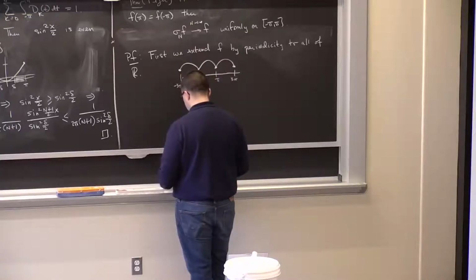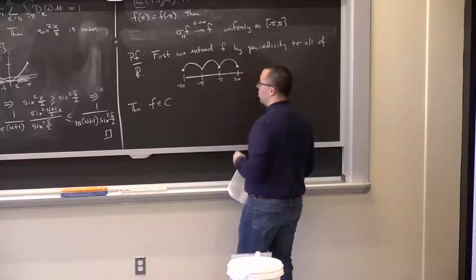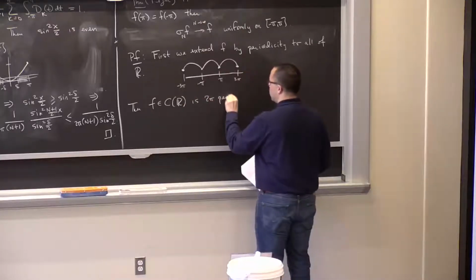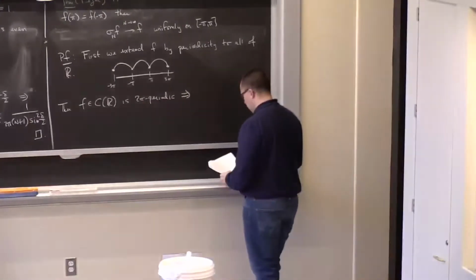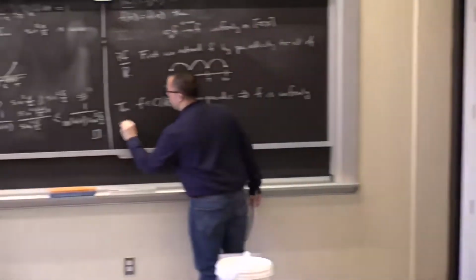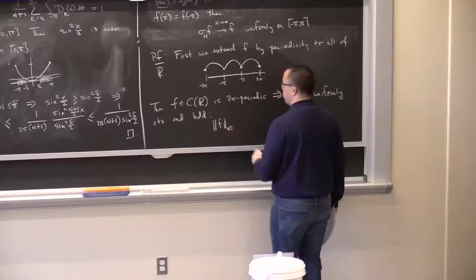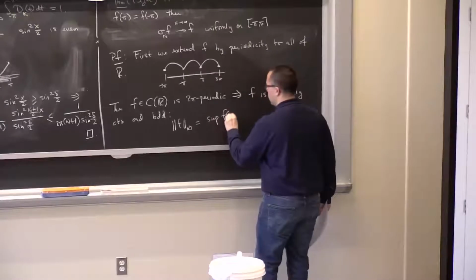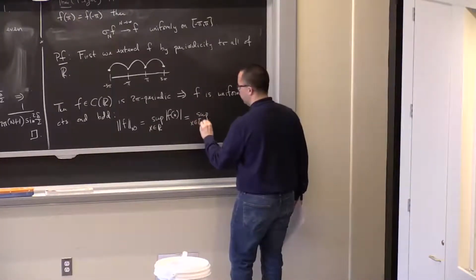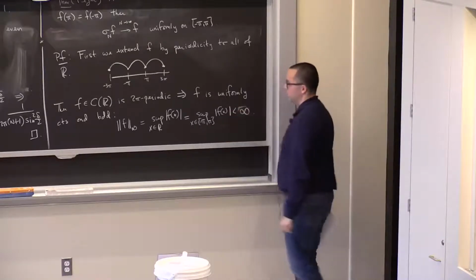And also the following simple properties: f, now referring to it as a function defined on all of R that's 2 pi periodic, is also continuous and 2 pi periodic, which implies that f is uniformly continuous and bounded, i.e., the infinity norm of f, by periodicity, is just equal to the sup of |f(x)| for x in minus pi to pi, and because f is continuous, this thing is finite.